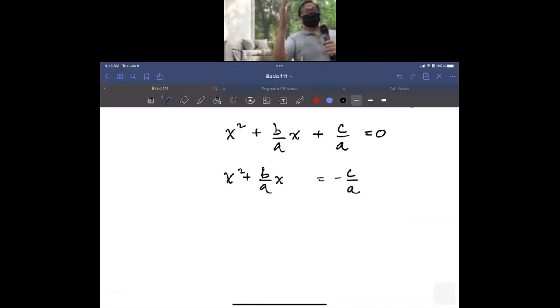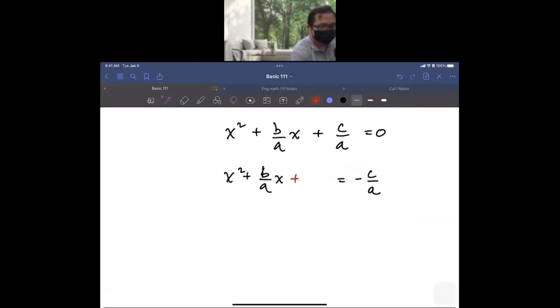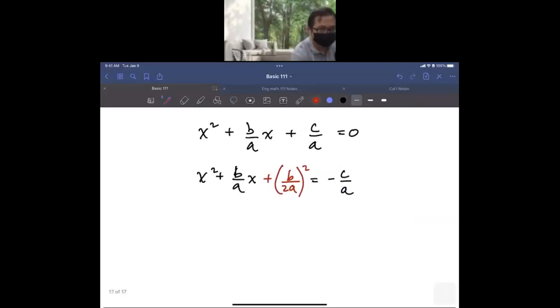So b over a divided by 2 and then squared. That is going to be the next term, right? So let's just add that. So we are going to add b over 2a, we divide by 2 and then square it. And we do the same thing over here.